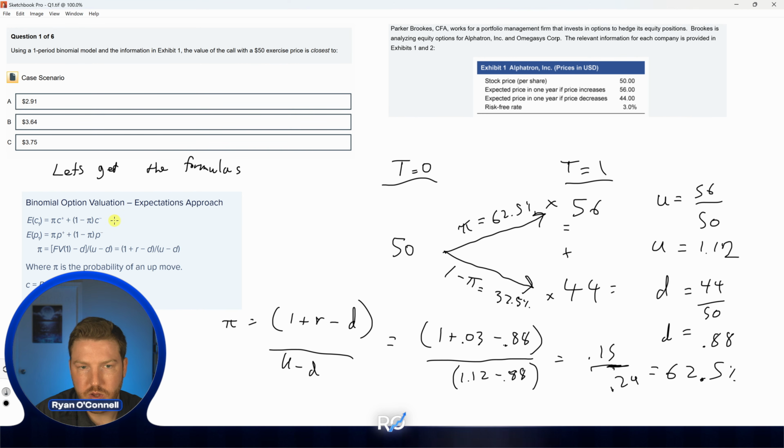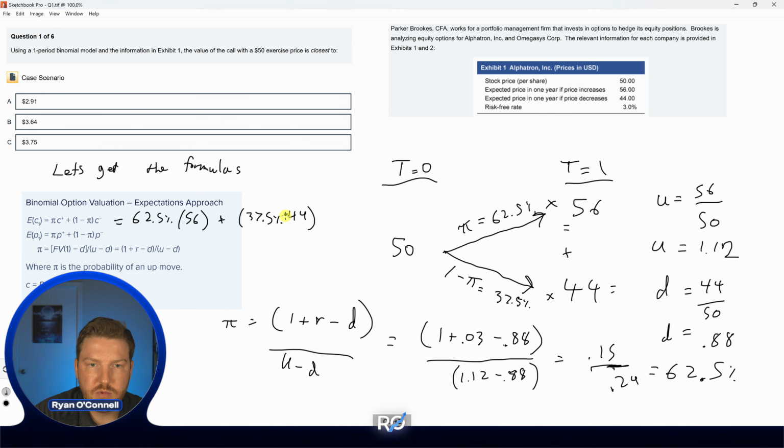That's what this formula is doing. So it's going to be equal to 62.5% times that 56, plus 1 minus that, which is the 37.5%, times the price of the call in the down move scenario, which is that 44.